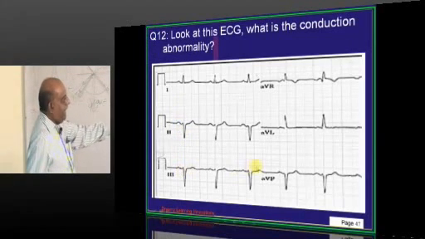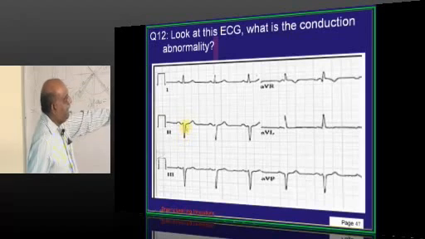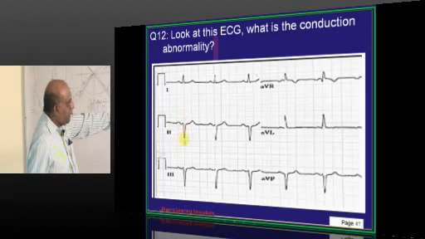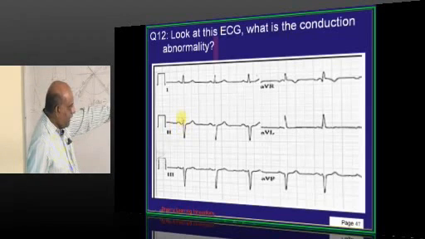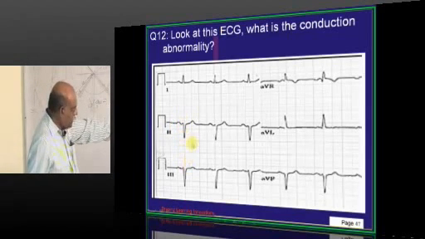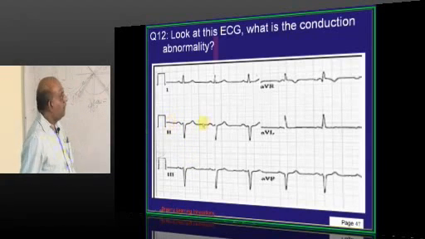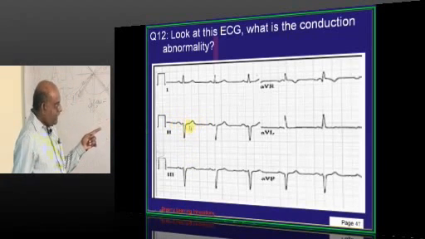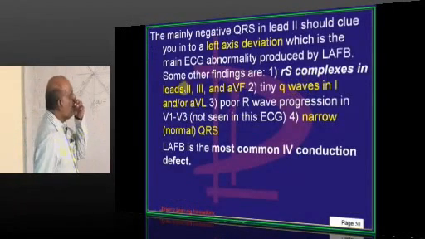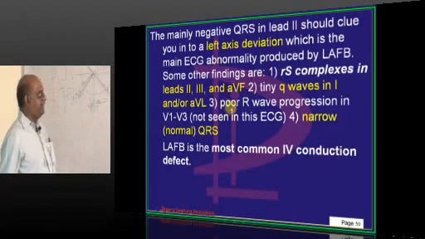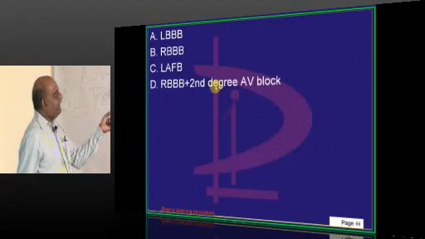It is showing an RS pattern, small positive R, then S pattern. Are you able to see? Small R up. S means negative. S is the negative wave that follows the positive R wave. So you are finding RS complexes in leads 2, 3, aVF.